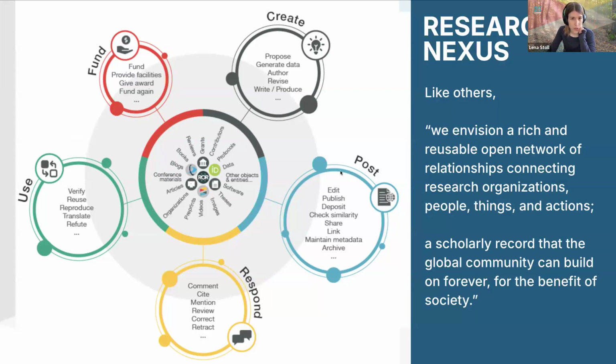So you can see here all of the different things that make up research and that are done to research, all interconnect to form this full image of the research world. And we make the metadata that you register with us openly available so that this research nexus can be a scholarly record that the global community can build on forever for the benefit of society.